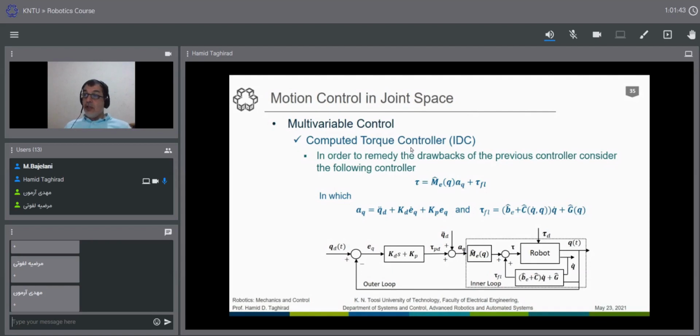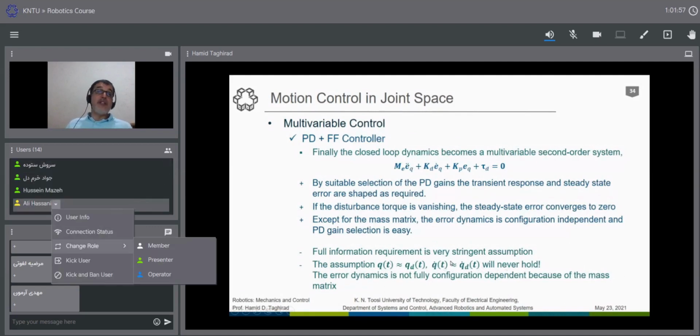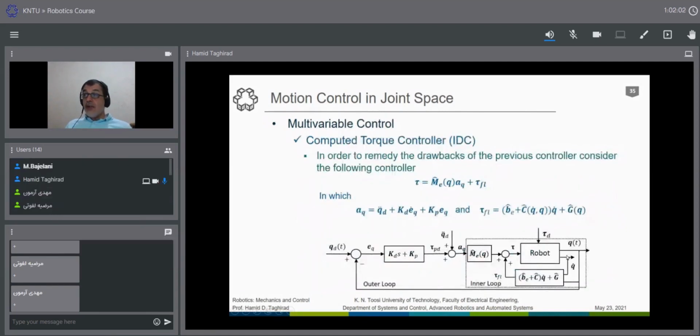So to remedy the drawbacks, we still assume that we know the knowledge of the system. We know M, Q, and C, but we don't use feed forward. This assumption was really somehow ridiculous. We cannot assume that Q is equal to Q desired. If this is the case, we don't need any controller. So we use the exact Q and Q dot in here. I added another term here, and we never, ever feed back Q double dot, because this is practically disturbing and very, very hard.